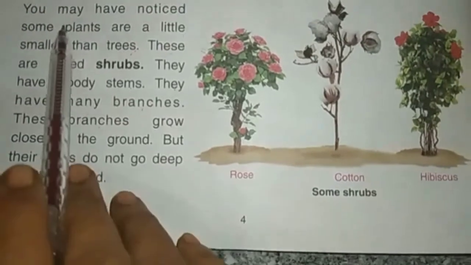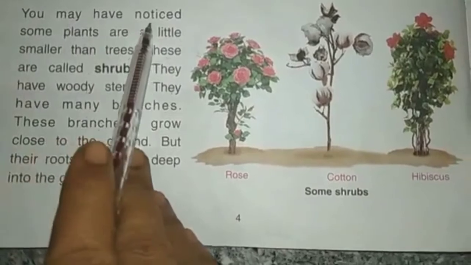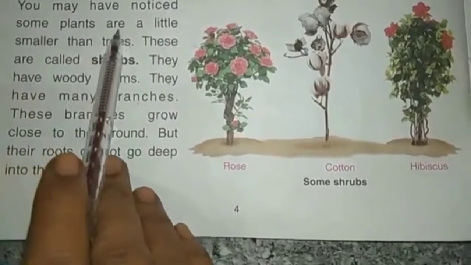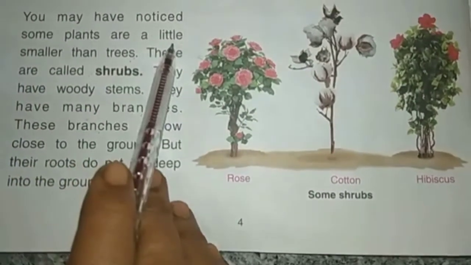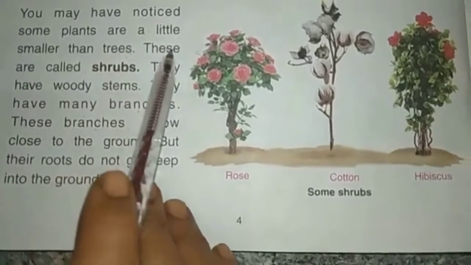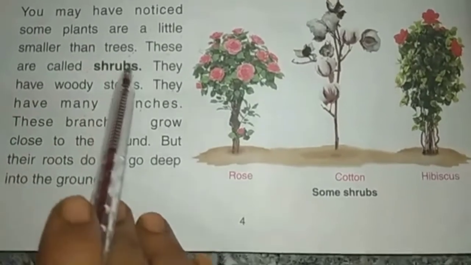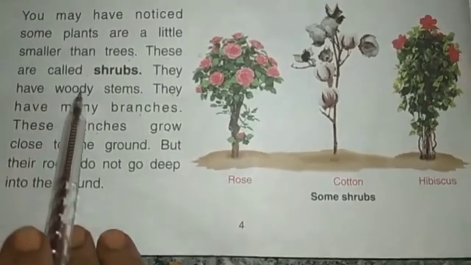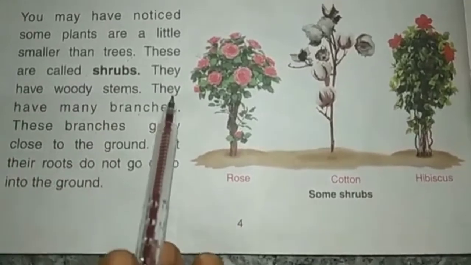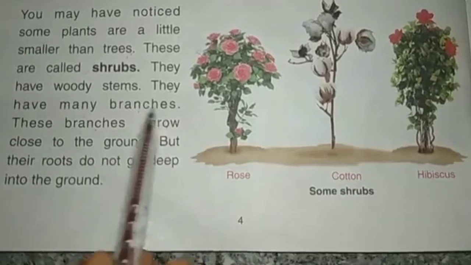So children, read again. You may have noticed some plants are a little smaller than trees. These are called shrubs. They have woody stems and many branches.